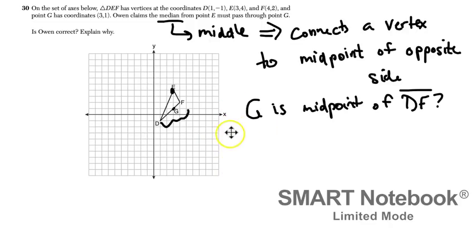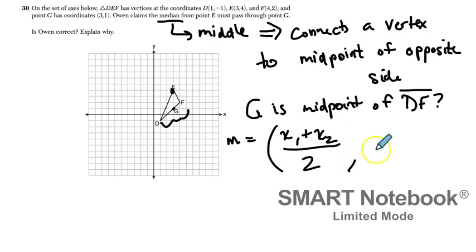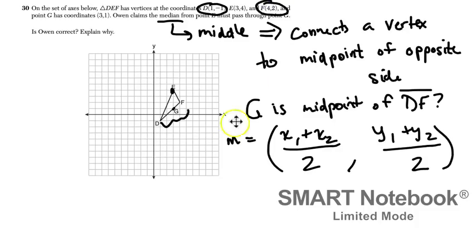So we could go directly into our midpoint formula. The midpoint formula says that the x-coordinate is just the average of the x-coordinates of the segment we're trying to find the midpoint of. The y-coordinate of the midpoint is the average of the y-coordinates. Since we're using D and F, we want to find the midpoint of DF.